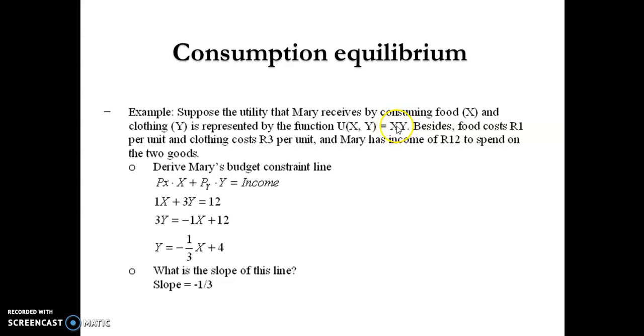Because this is a constant multiple, when you differentiate, you get your first order partial with respect to x, you are just left with y. And similarly, if you get your first order partial derivative of the utility function with respect to y, treating x as constant, you're just going to be left with x.